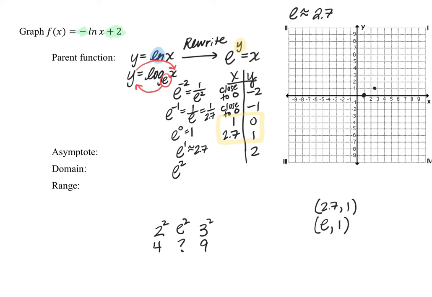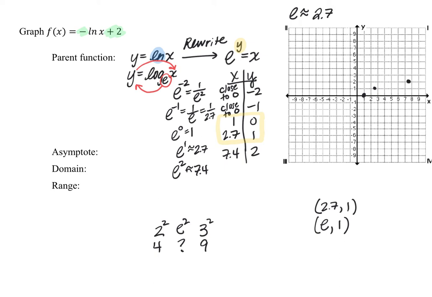If I go to my calculator, e squared is approximately 7.4. But again, I really don't even require that value on paper. I would only expect you to have the coordinates 1, 0, and 2.7, 1. I will go ahead and graph 7.4, comma 2.